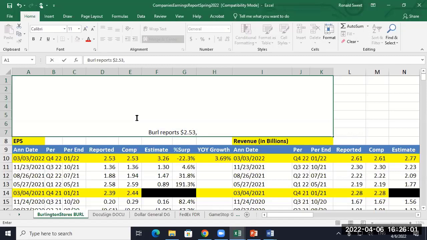So how would we get that? Missing expected of 3.26 by 22.3%, but higher than prior years, 2.44, by 3.69%.